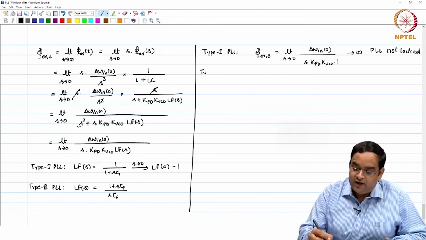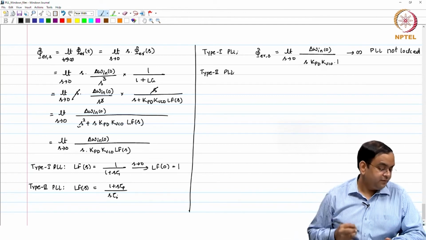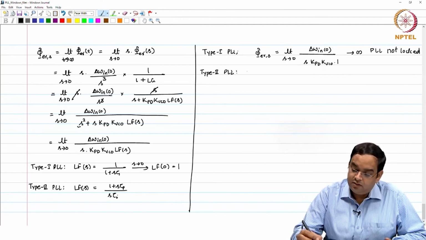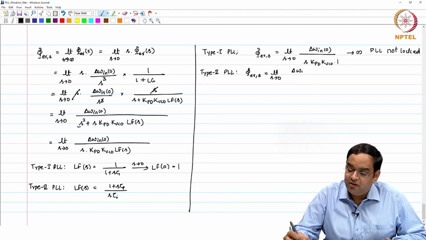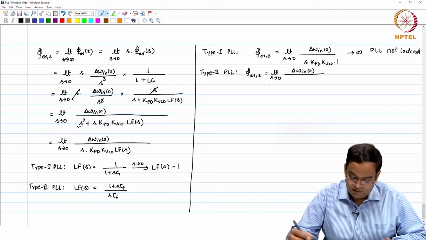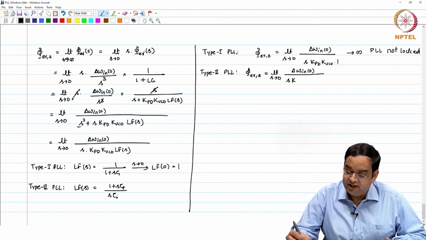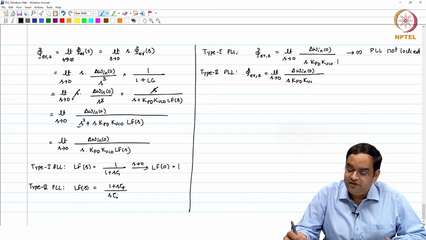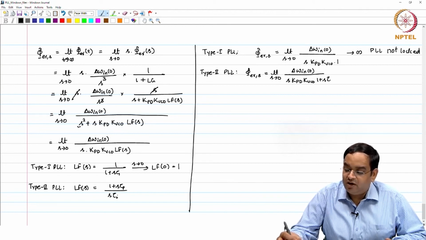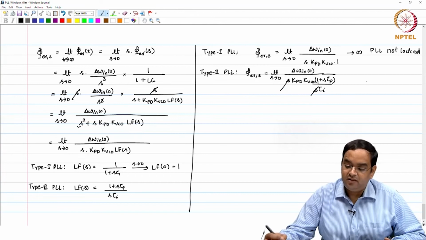For type 2 PLL, phase error in steady state is limit s tends to 0 of delta omega in 0 divided by s times kpd k VCO into 1 plus s tau p divided by s tau I; s cancels out.